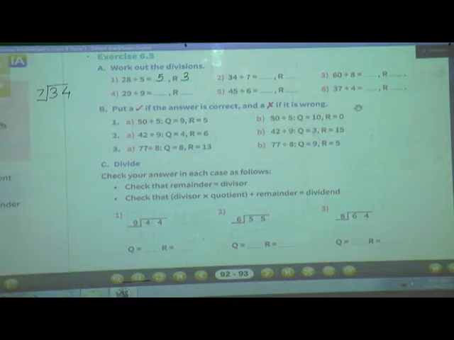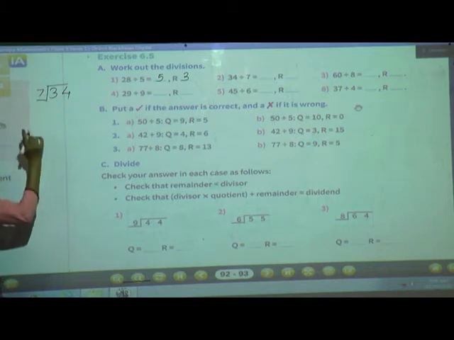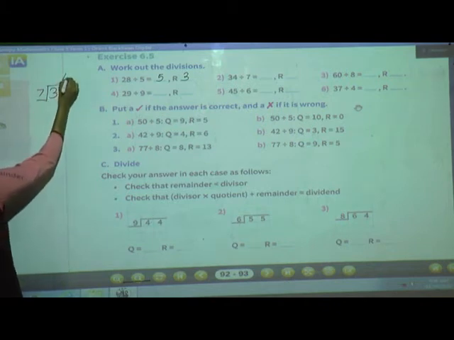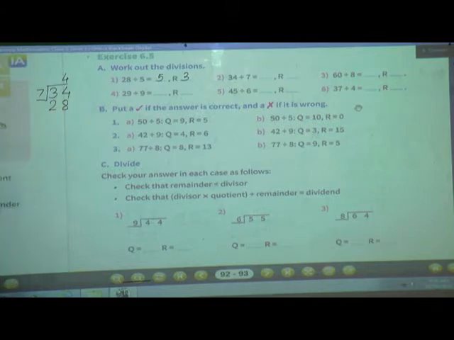No, 34 is not there. Then what you will do? Yes, you will find out the smaller number than 34. Which number is smaller than 34? 28. Okay. So how many 7s make 28? 7 4s are 28.